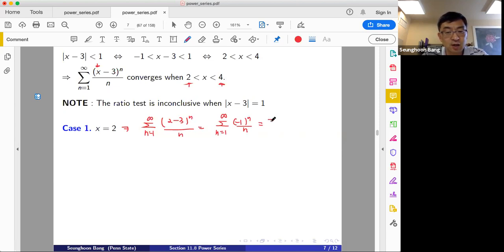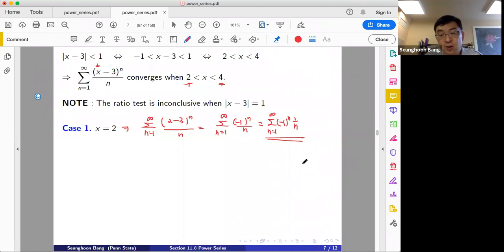What's that? Summation n equals 1 to infinity, minus 1 to the power n times 1 over n. This series: is it convergent or divergent? What do you think?